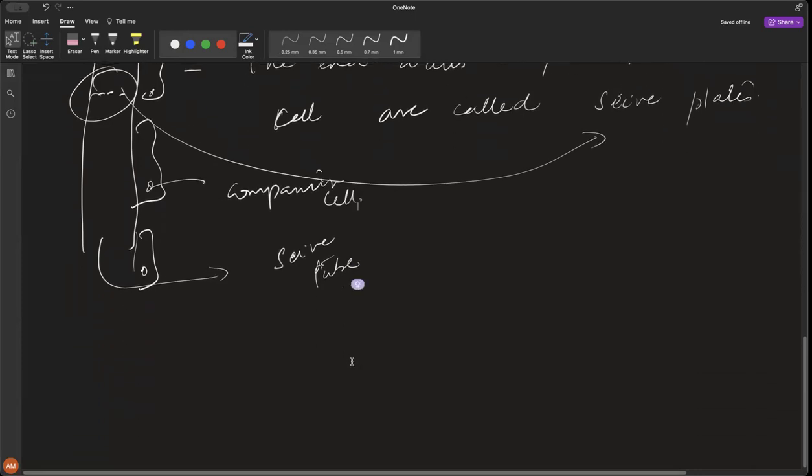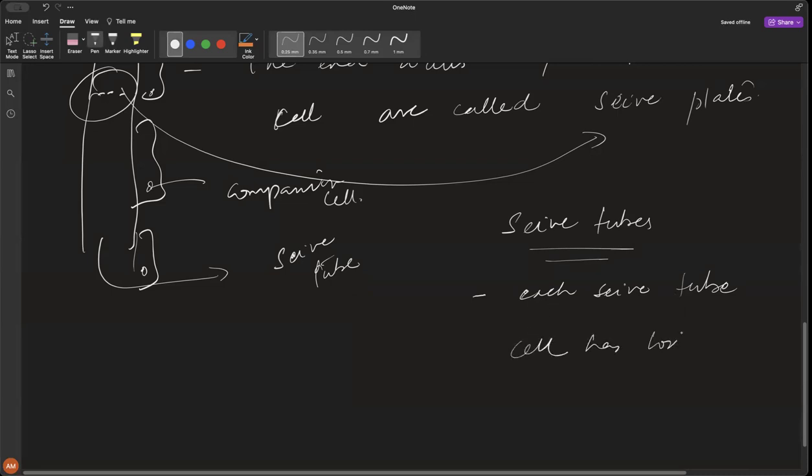When we talk about sieve tubes, number one, each sieve tube cell has lost its central vacuole.